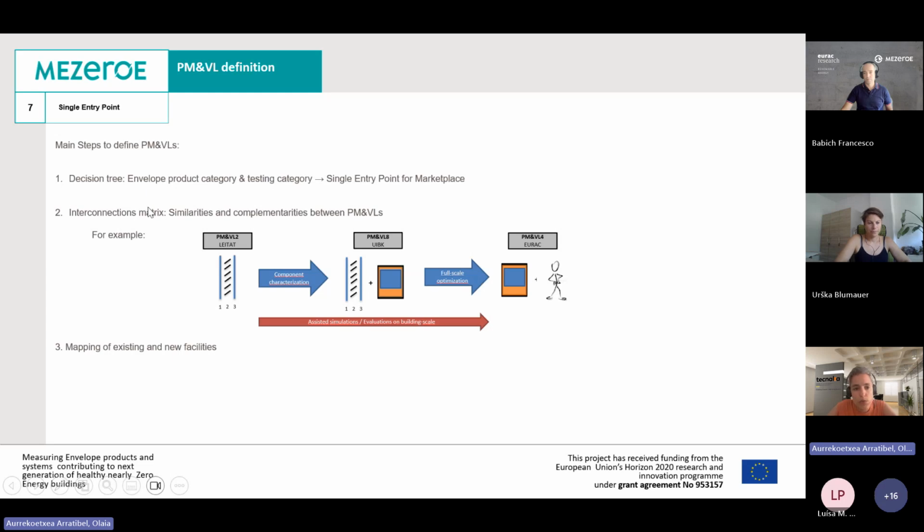So as I previously said, we have defined a decision tree, which will be implemented in the single entry point, and we have also mapped all the facilities that each laboratory has, and all the new laboratories that we have set up.